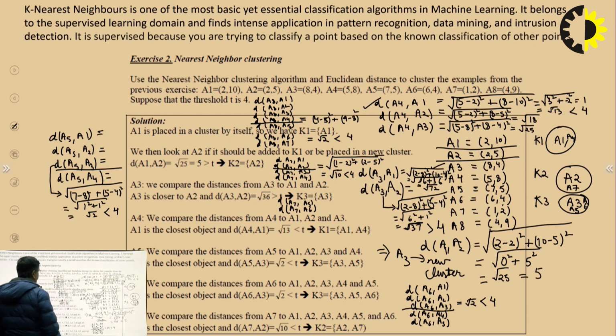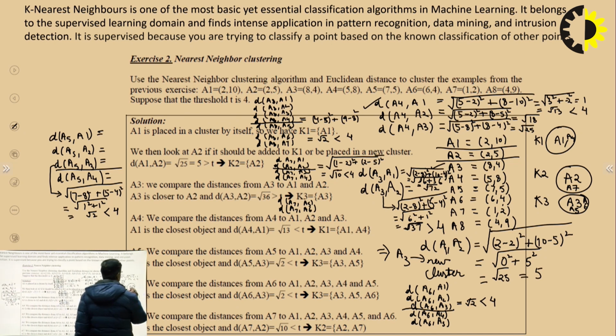That means A8 will go into the existing cluster containing point A4, which is cluster K1.